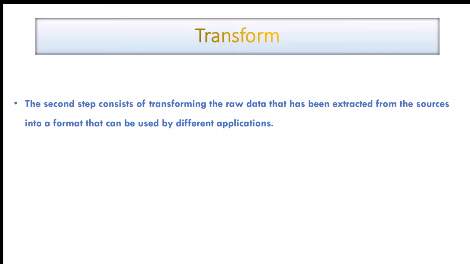These data should be converted into a format that is suitable for analysis, and once the data is transformed, that can be used by different applications. So in the transforming process, the data will be transformed into a format that is suitable for the final analysis applications.